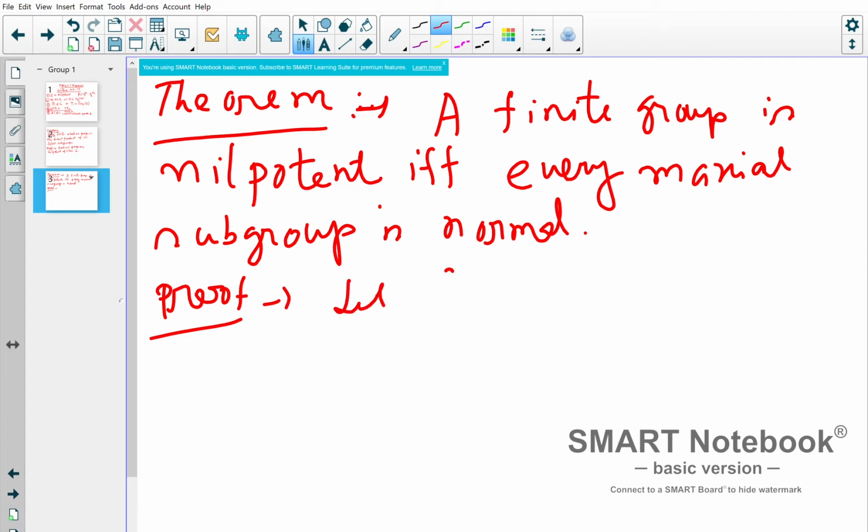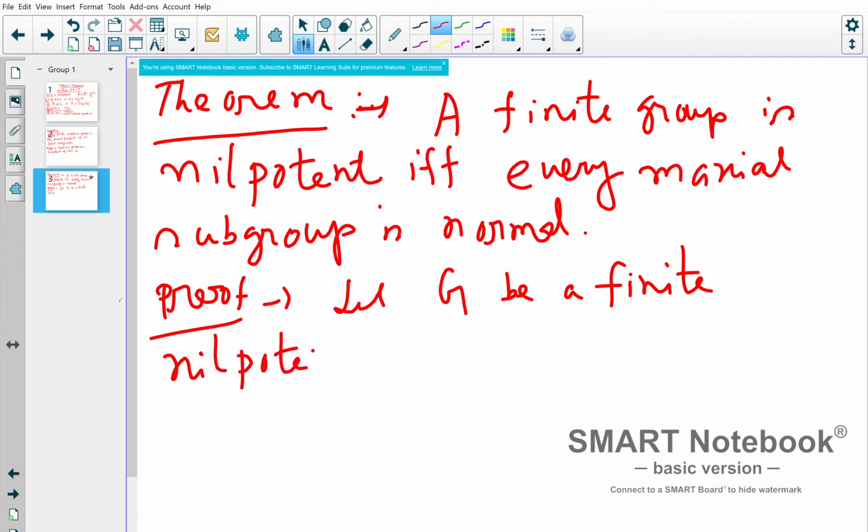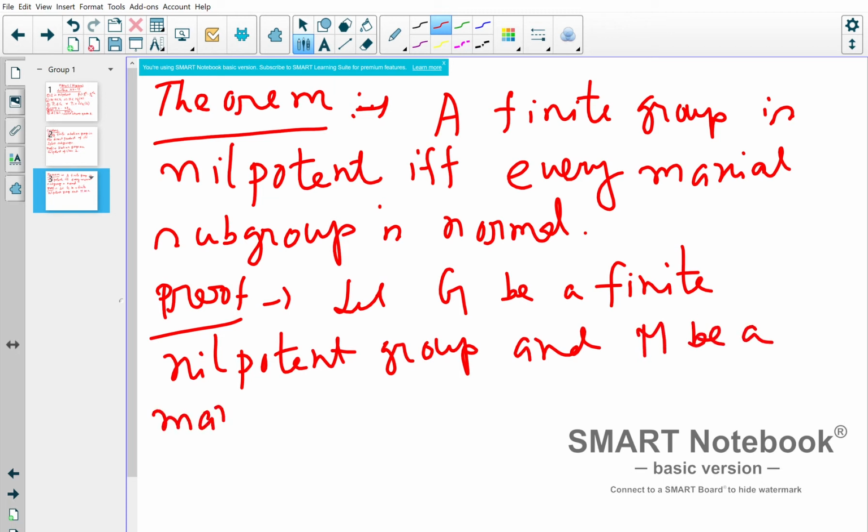Let G be a finite nilpotent group and let M be a maximal subgroup. See, I'm saying a maximal subgroup, so that means it need not be unique. Maximal subgroup of G. Okay.